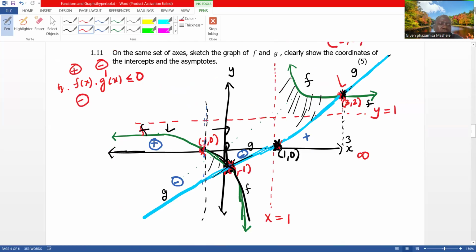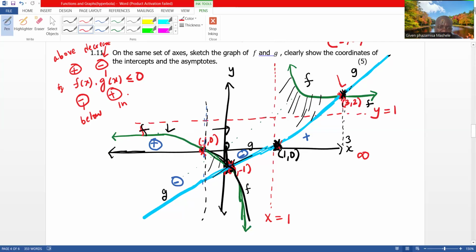So what does it mean? It means we want where f is above the x-axis and at that time the gradient of g is negative, or where f is below the x-axis and at that time the gradient of g is positive, meaning where the graph is increasing.